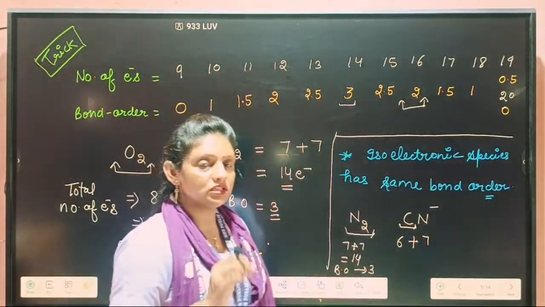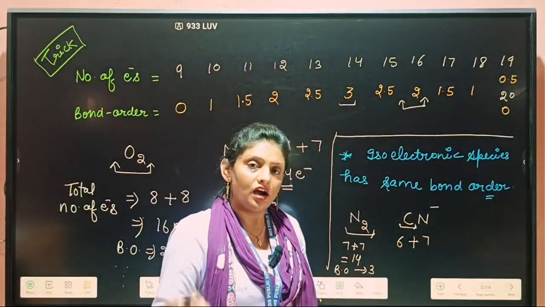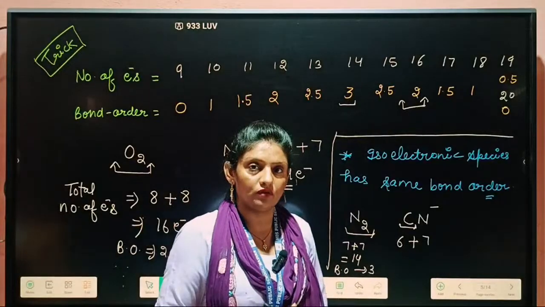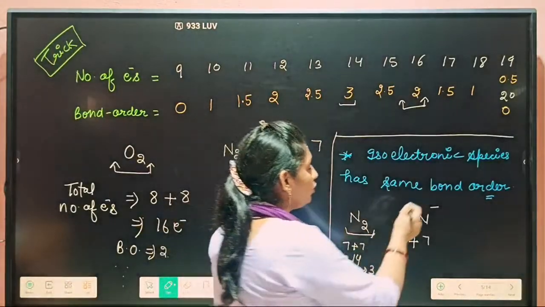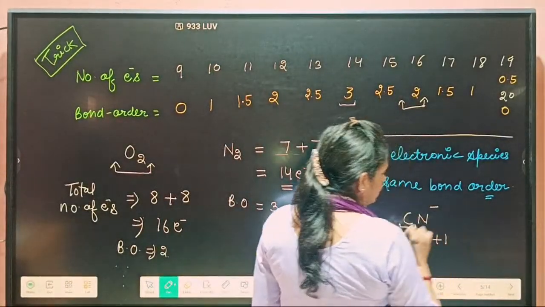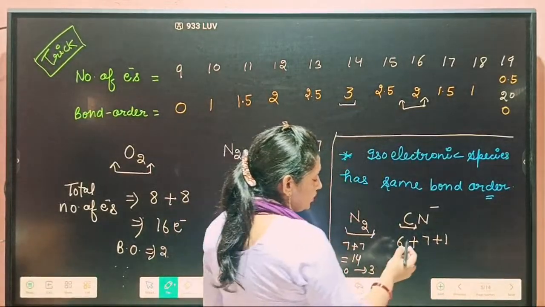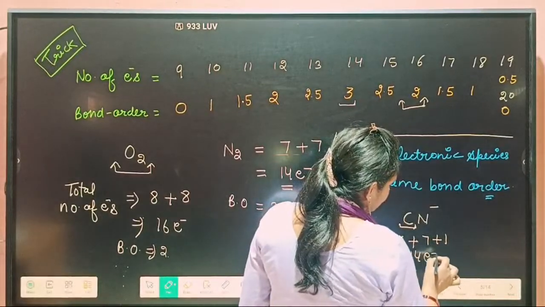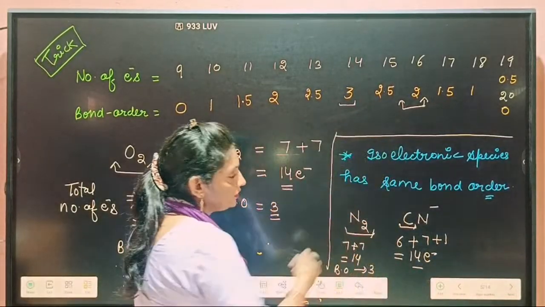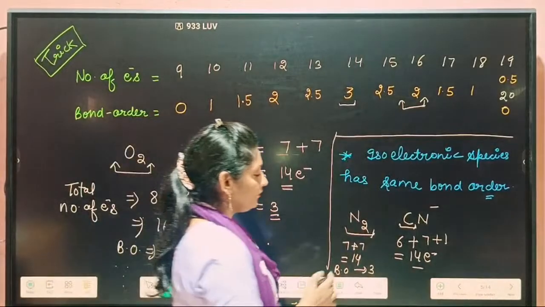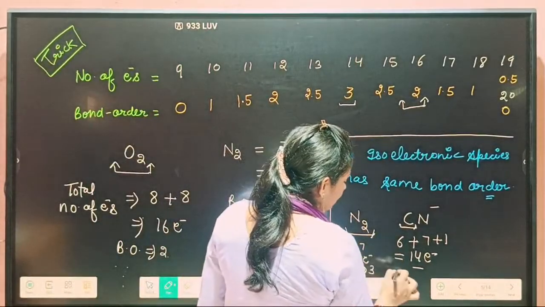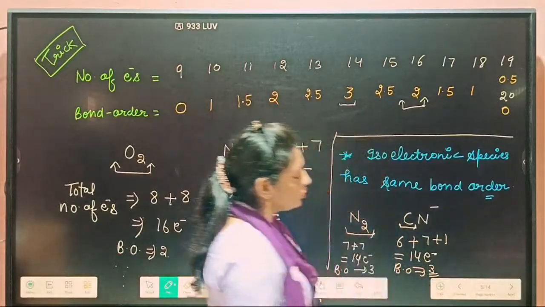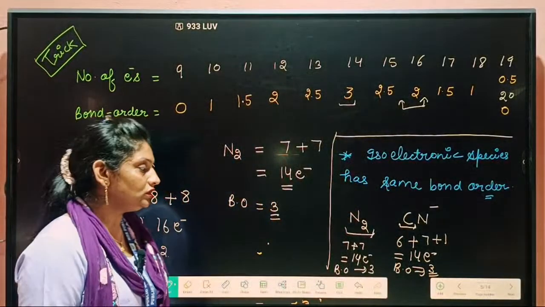One negative charge is showing that it is gaining one more electron. So here 6 plus 7, 13 plus 1, 14 electrons. So in both N2 and CN negative, electrons are the same, means bond order will also be the same. So its bond order will also be 3.